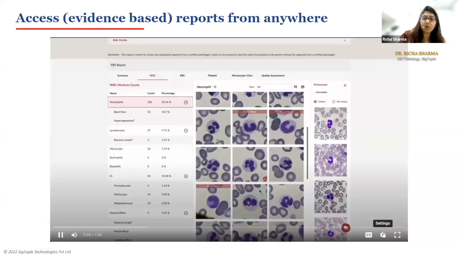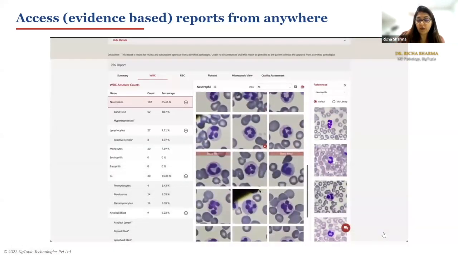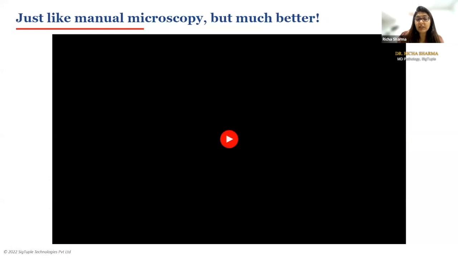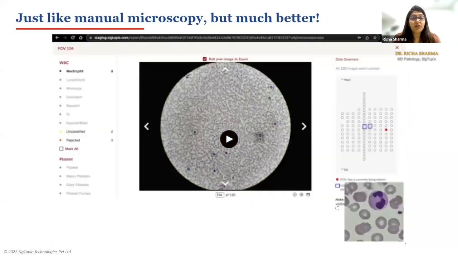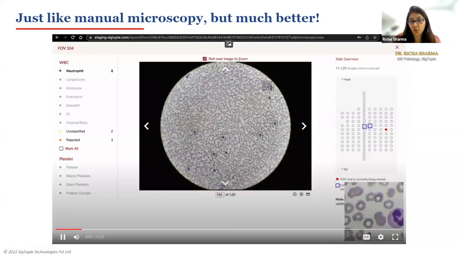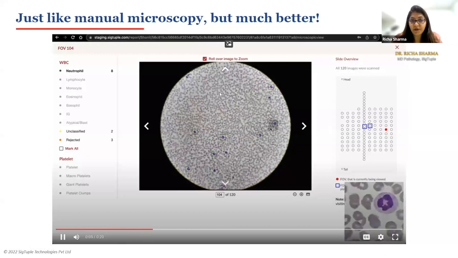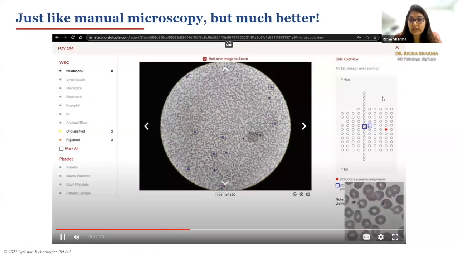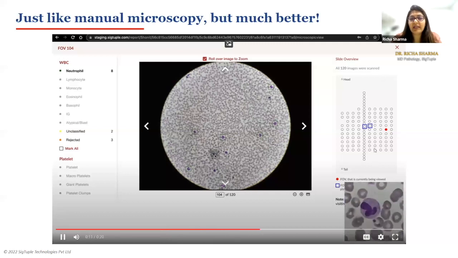Then there's another feature of this software. We know that we have been trained throughout our lives on the manual microscope, so we are very comfortable with that view. With that point in mind, they developed a FOV view, which gives you a manual microscopy like appearance. If you see on your right side, it is showing you all the places where it had taken pictures.